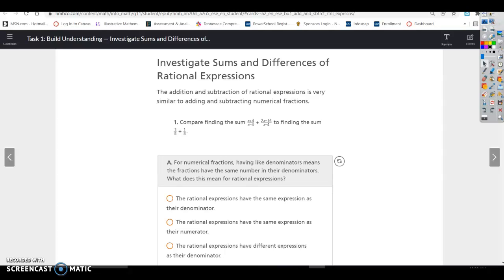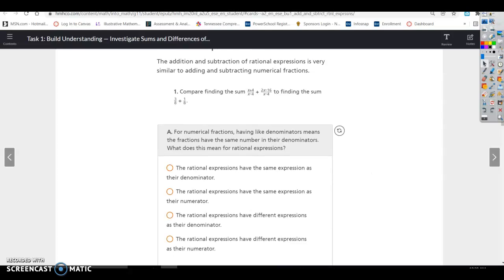All right, so if you remember, adding fractions, you add the numerator and keep the denominator. For 3/8 plus 1/8, you would add those and get 4/8. Then you would have to simplify if they have anything in common.